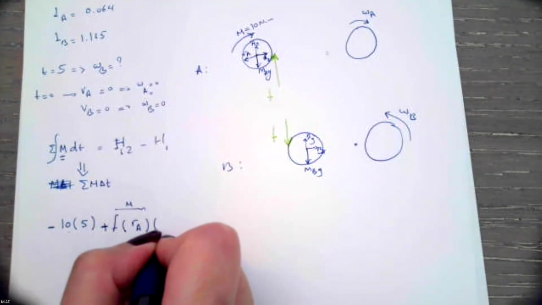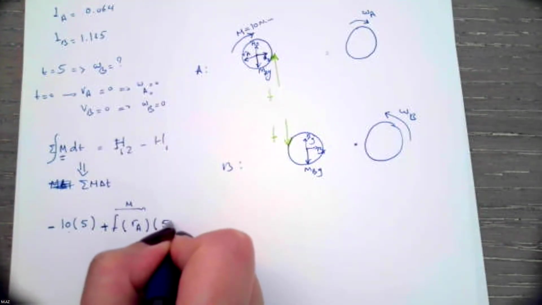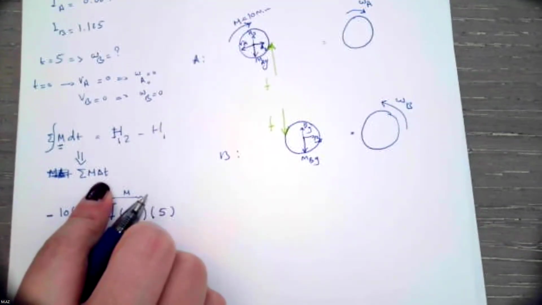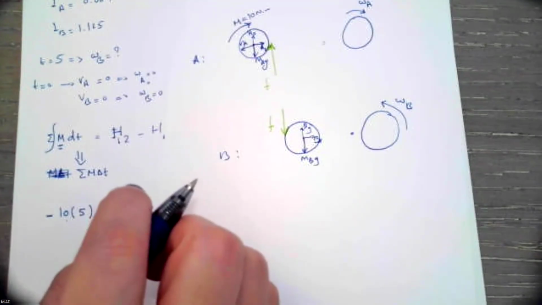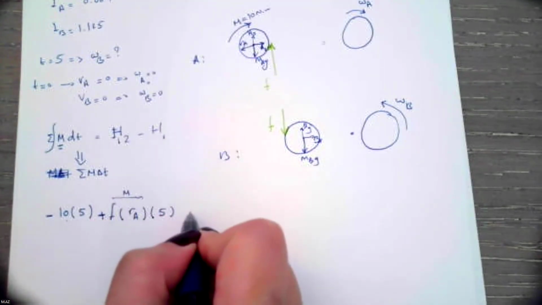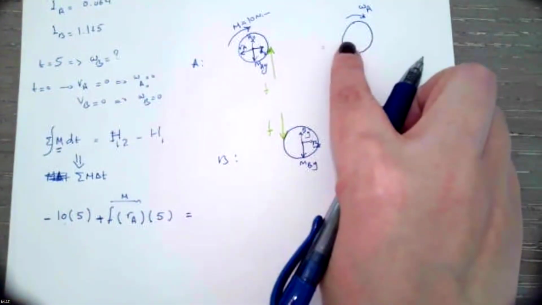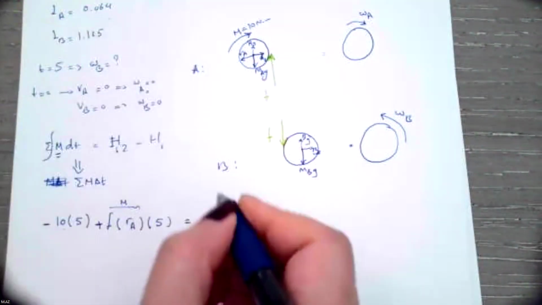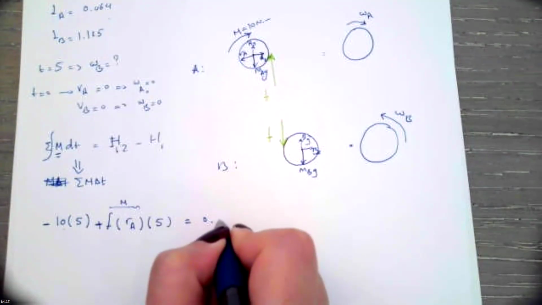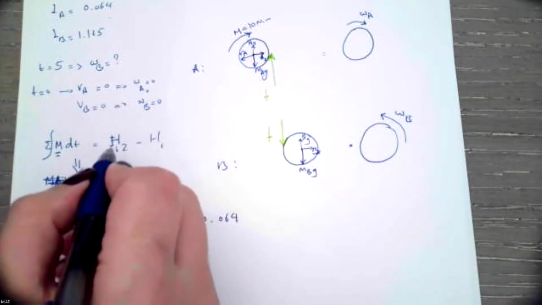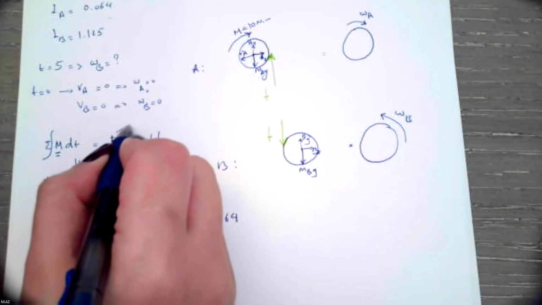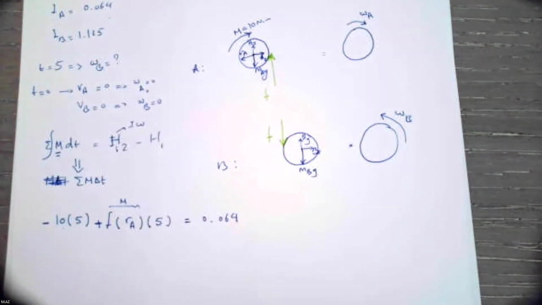Times delta t. For this problem, delta t is 5 seconds, equal to the moment of inertia for gear A, which is 0.064, because H is I times omega.